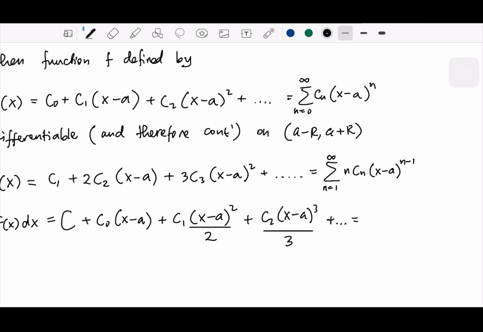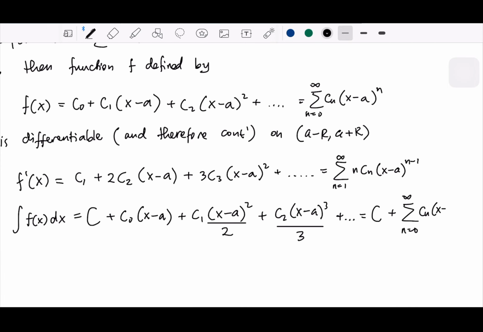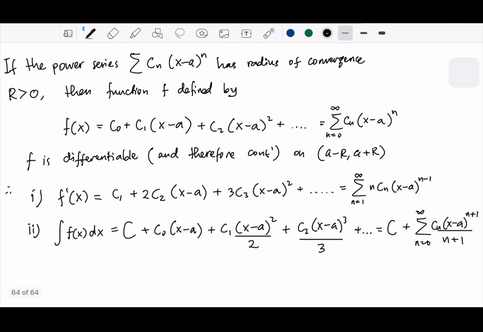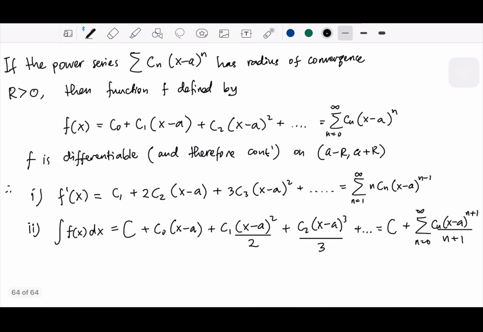So this is equal to C plus the sum. Okay, so here it is. Okay. And both of these forms have radius of convergence equal to r. Okay.